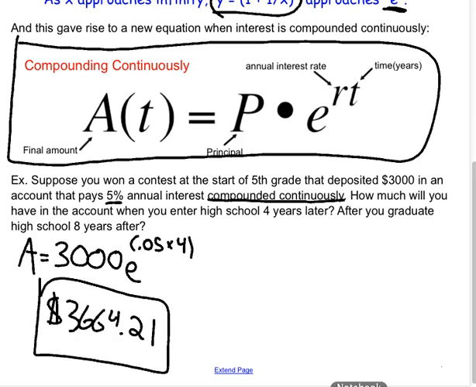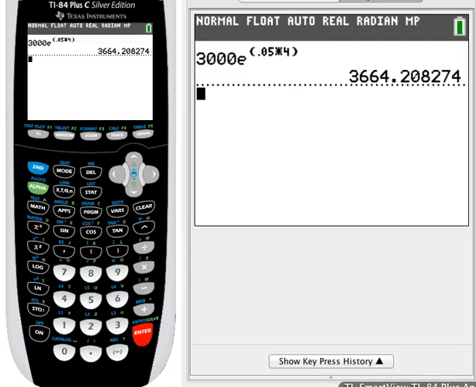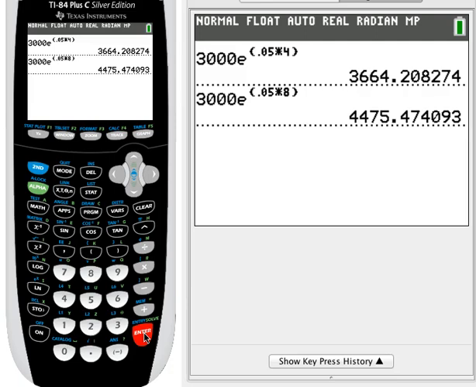All right, now what about 8 years down the road? Well, you're still compounding continuously, still at that 5% rate, but this time we're going to let it go for 8 years. So what do we get? e to the 0.05 times 8. 8 years down the road, we're going to have $4,475.47.